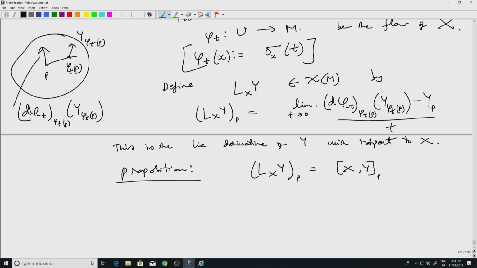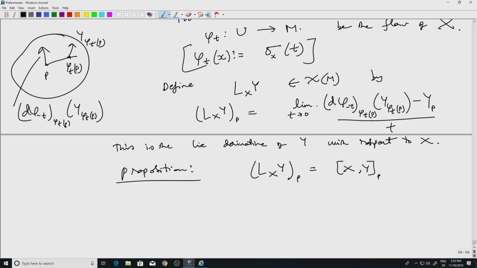After all, we are using only the flow of X and pulling back Y, not the other way around. While in the Lie bracket definition, X and Y more or less have the same roles, except that one comes with a minus sign, the other one comes with a plus sign. There are two terms, but the roles are more or less the same.